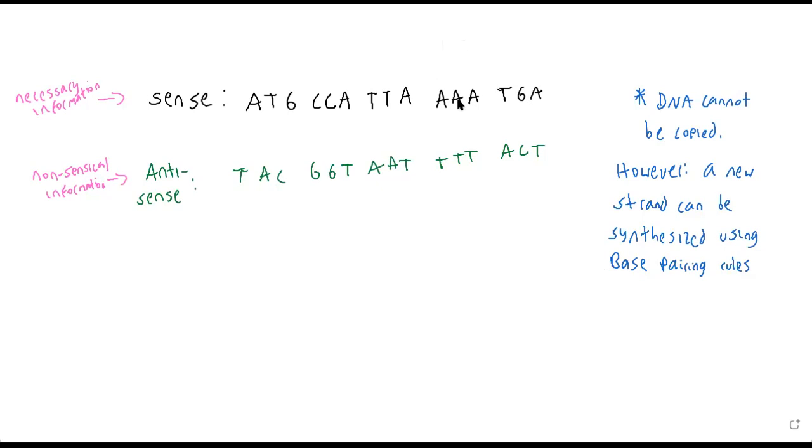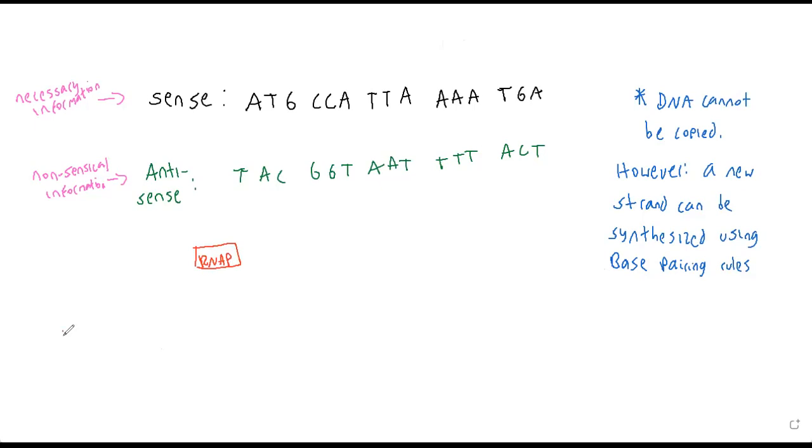Now, this has to be done by enzymes, because remember, enzymes are proteins that either build things or break things down. We have an enzyme called RNA polymerase. You may remember it as RNAP.